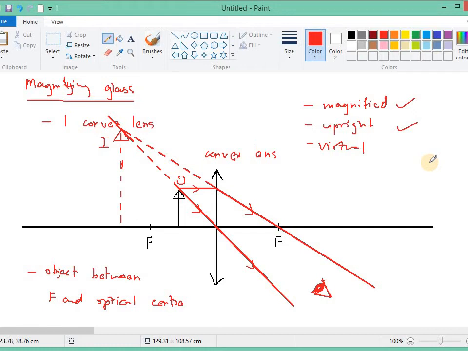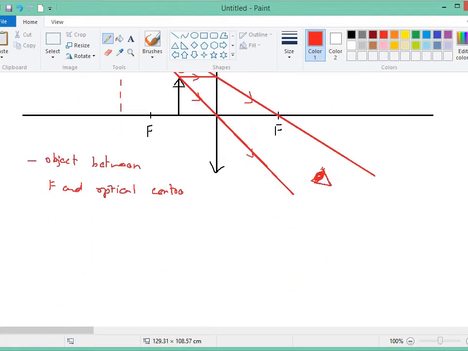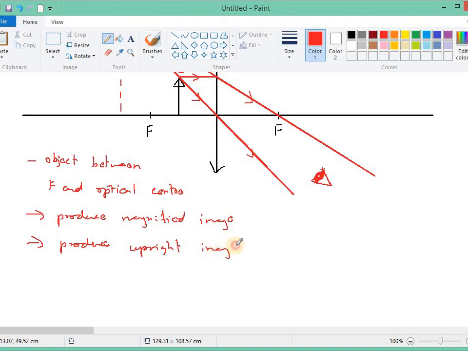Why is it that upright is very important? We produce a magnified image and an upright image. Why is an upright image important? Important because it has the same orientation as the object.